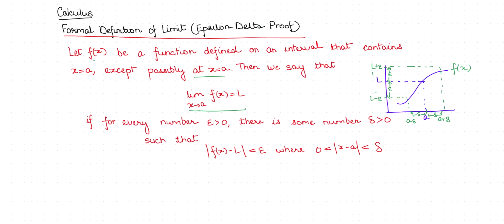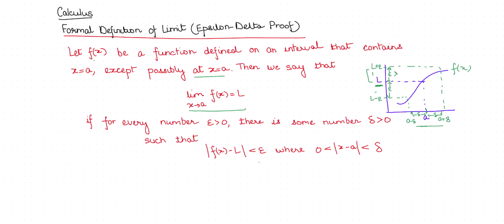If for every epsilon greater than 0, there is some delta greater than 0 such that |f(x) minus L| is less than epsilon, and we can see here f(x) lies between L minus epsilon and L plus epsilon.